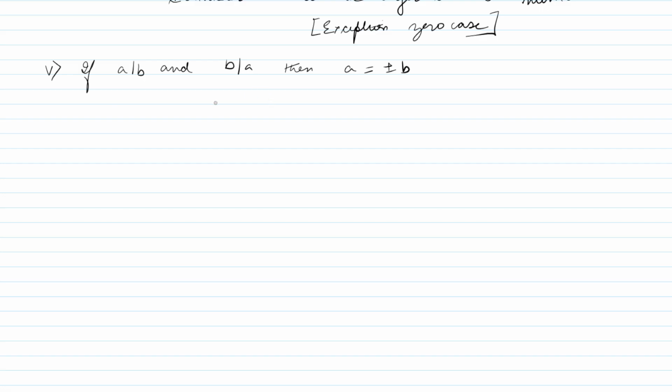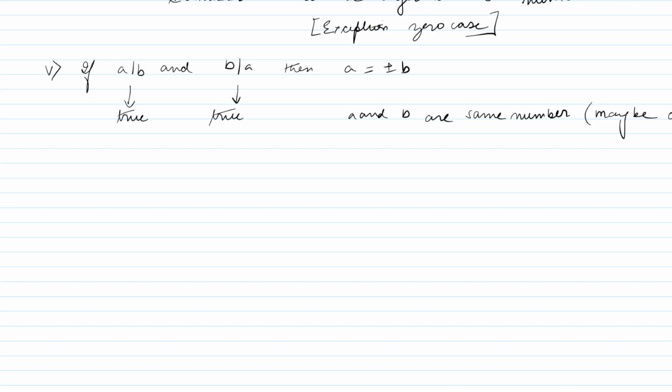That if both of these are true, then A and B are the same number, maybe with opposite signs.